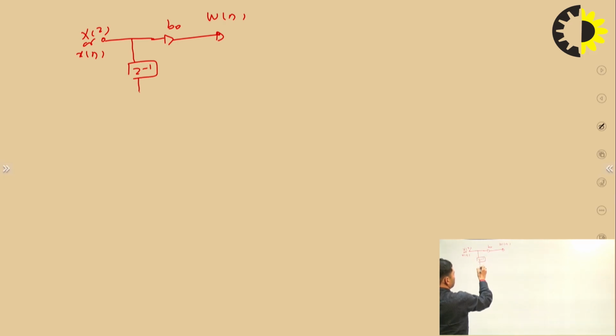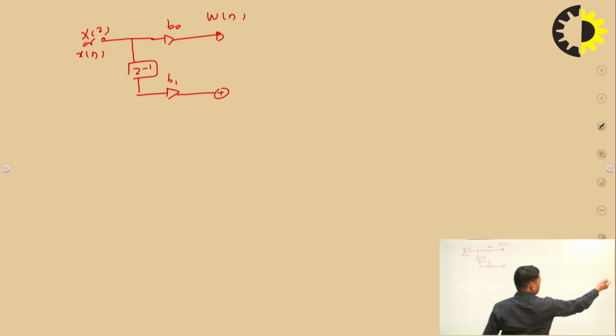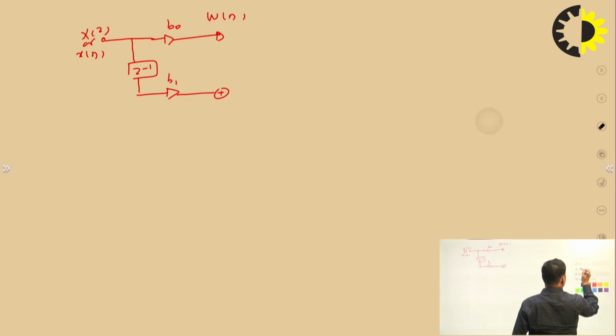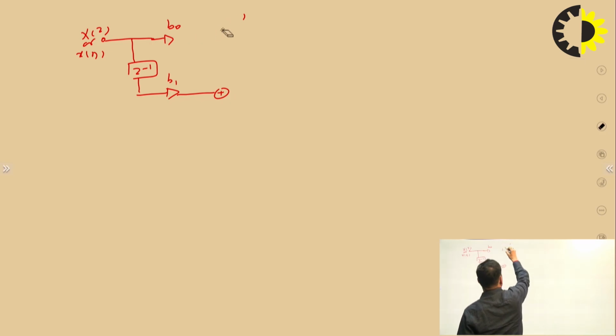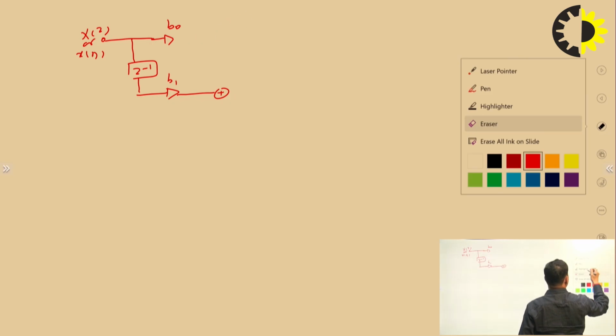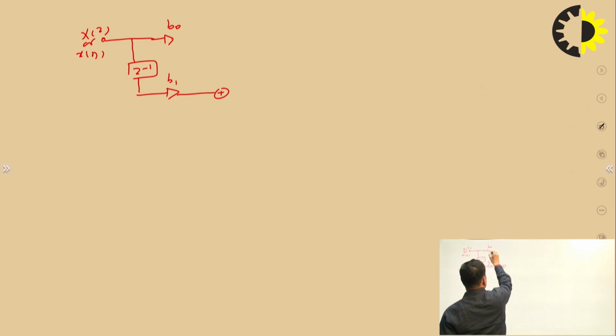Z inverse followed with b1, and it is going to add here. Let's say we get the output here W(z).